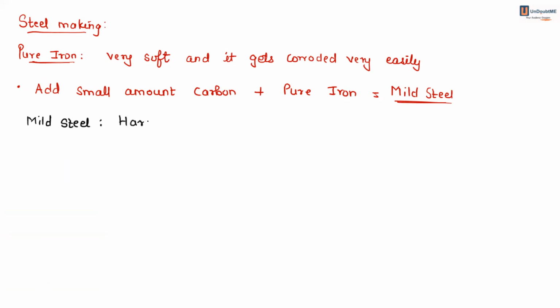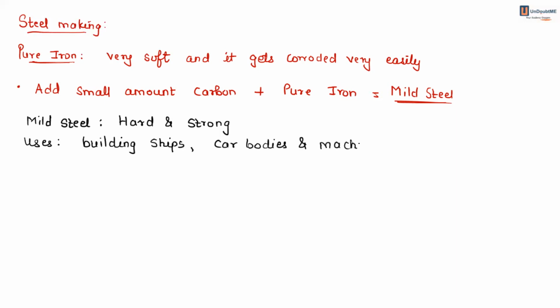Mild steel is hard and strong and it is used for building ships, car bodies and machinery. So ships, car bodies and machinery.